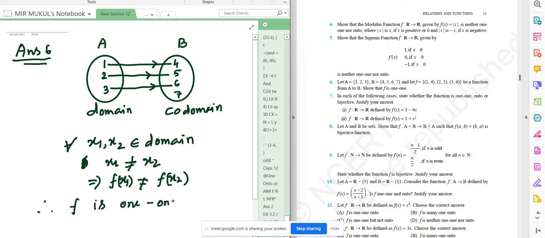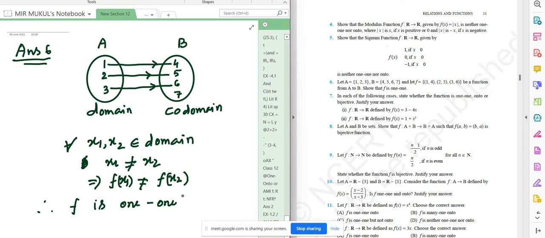one-one. But in the question they are not asking whether it is onto or not. But if I ask you, is it onto or surjective? Sir, it is onto. How? If onto, then range and codomain should be equal. Range contains only 4, 5 and 6, but codomain contains 4, 5, 6 and 7.